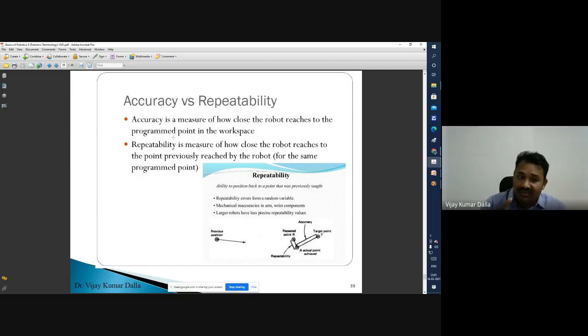If we are able to do so, that is the accuracy. And whether we are able to do it again and again, if we are able to, means repeatability is there. Repeatability is a measure of how close the robot reaches the point previously reached by the robot for the same programmed point, without changing the program.